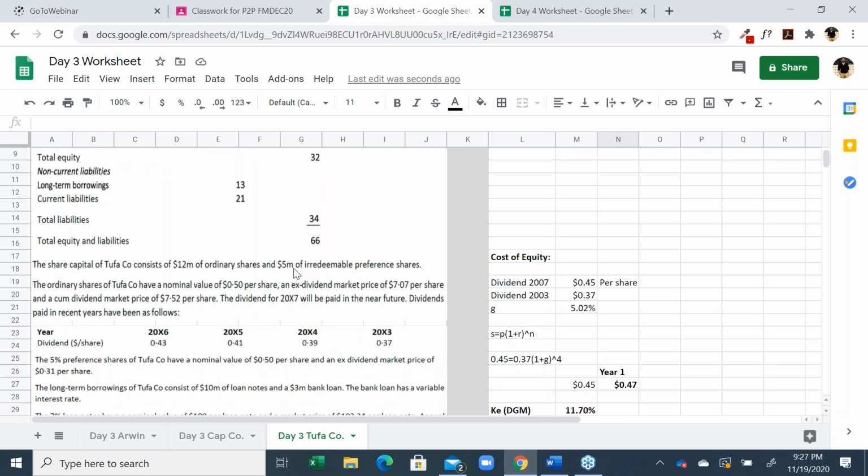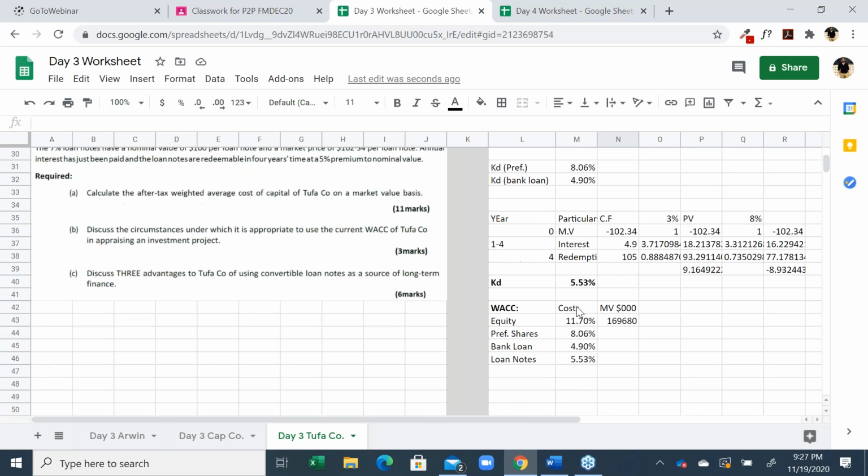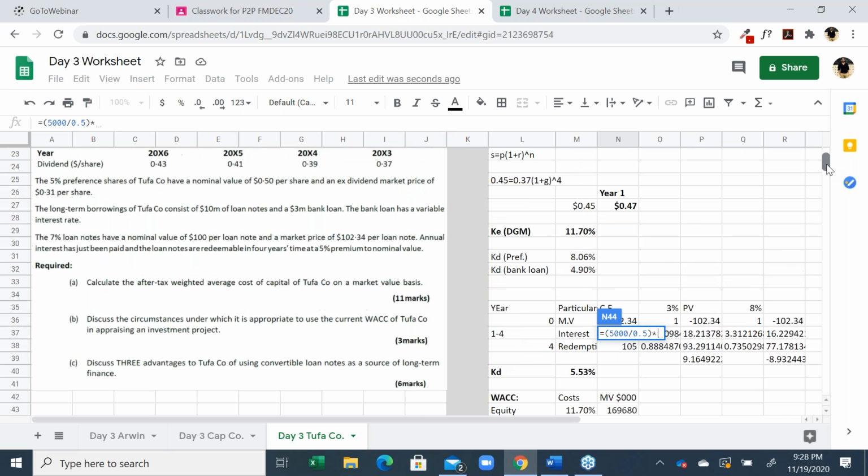Okay, it's 5 million. So we'll repeat the same type of calculation: 5,000 divided by 0.5 to get the total number of preference shares, multiplied by the price per share, which was 0.31.